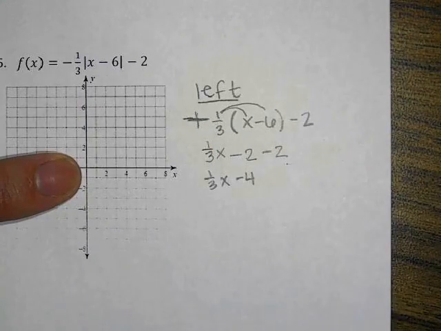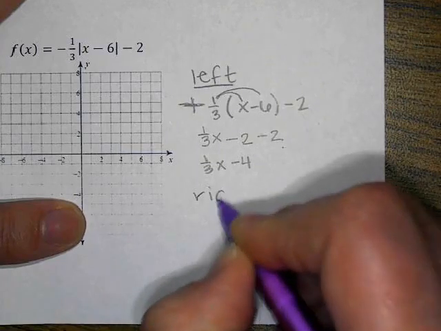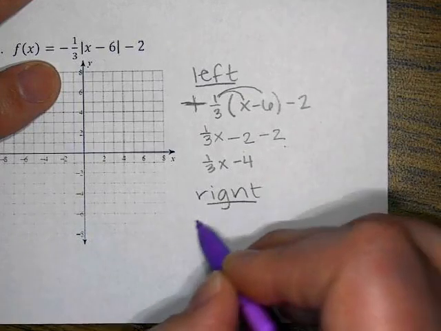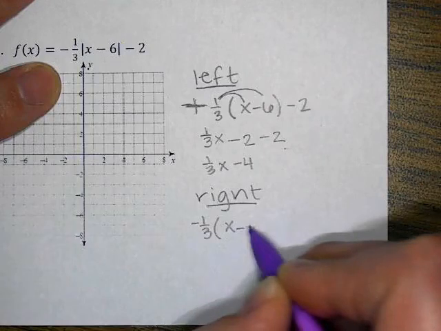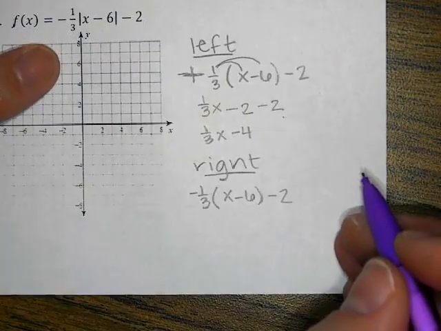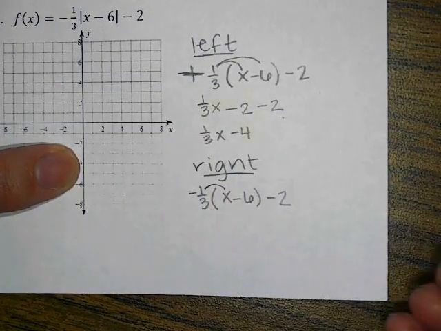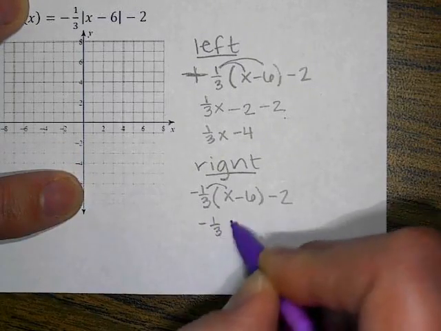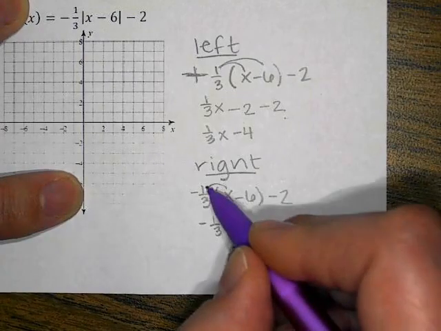All right, now for the right side, we don't change anything about it. We just write it down as it is. So -1/3 x minus 6 minus 2. So -1/3 times x is just -1/3 x. And then -1/3 times -6.